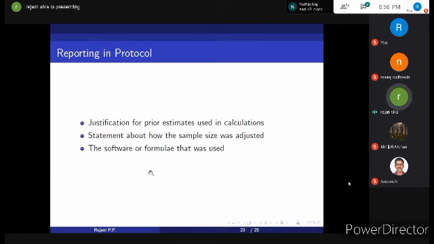Include a statement about how the sample size was adjusted, the attrition rate and all, and the software or formula that was used, how you fixed the sample size. If we are using software R for sample size calculation, just mention that. Or if you have done it manually, just express the formula in your protocol.